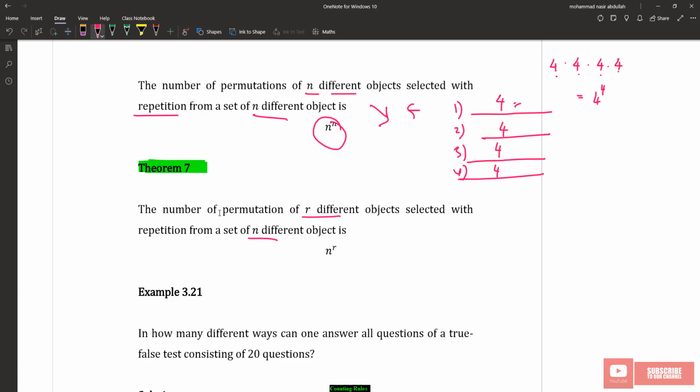Right? It's the same theorem, the same concept. Let's say instead of 4 questions, I have 5 questions. So 4 multiplied by 4, 4, 4, 4. So we have 5 power of 4. Sorry, reversed. 4 power of 5. Right?